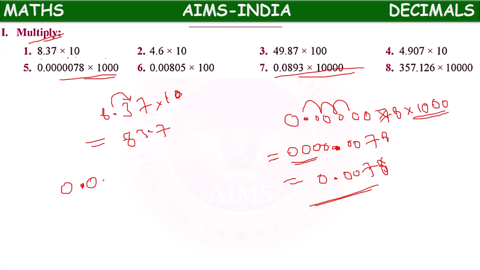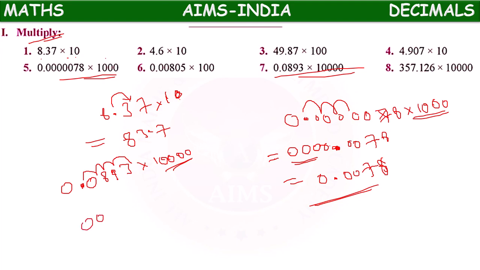One more, children. 0.0893 into 10,000. Here we have 4 zeros, so the point will move 4 places: 1, 2, 3, 4.